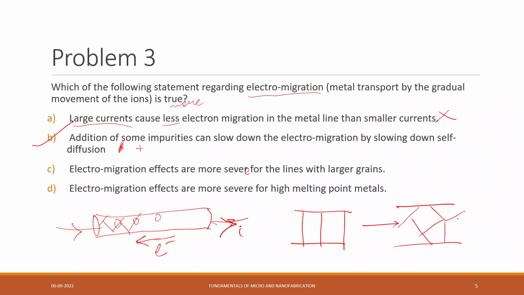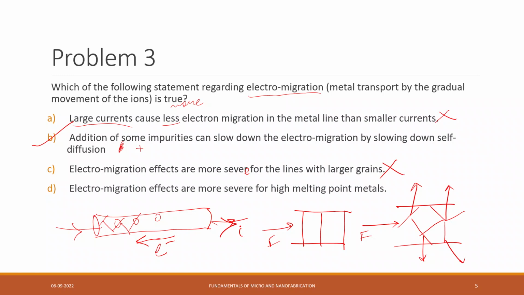What will happen if force is coming here? With larger grains, the force component is very hard, because to the electrons it will appear as if these are parallel walls, and pushing these parallel walls is very difficult. But in the smaller grains, they are not arranged in a proper manner. So if you add force, such crystals can move out of the way and they can migrate. So this is also not correct.